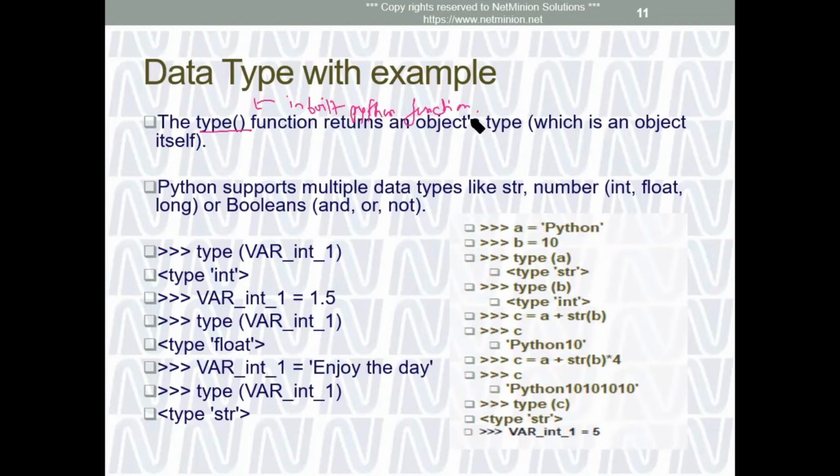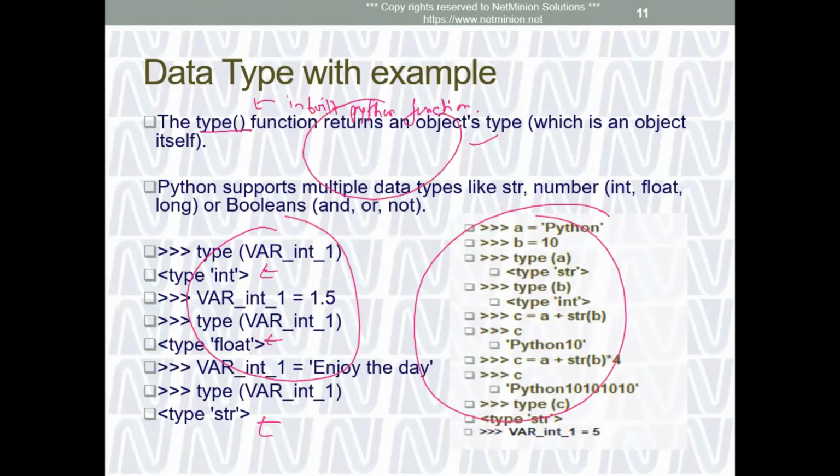Just try to understand that this is something which tells us what kind of object the value is. So the object's data type is integer, float, string, or some other thing, whatever it is.